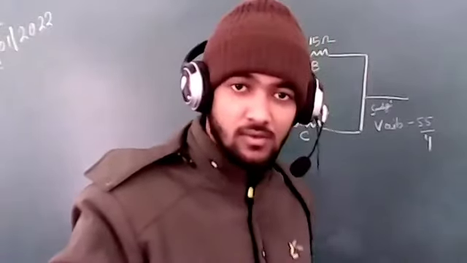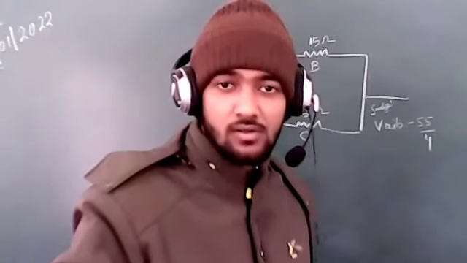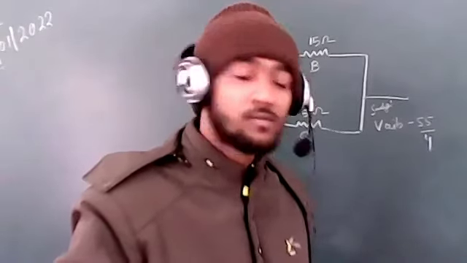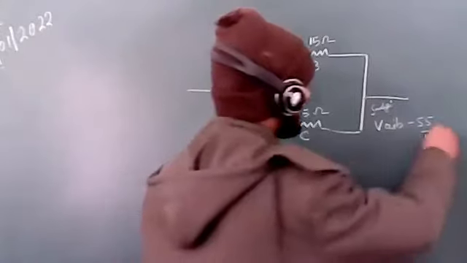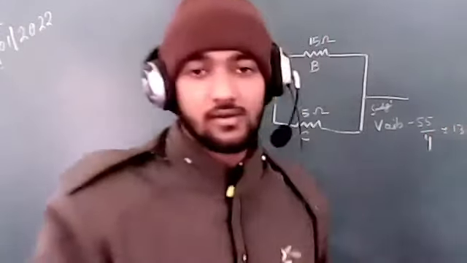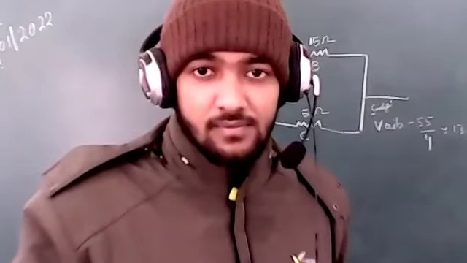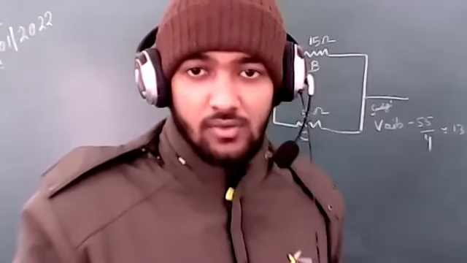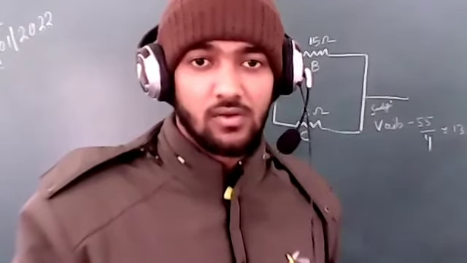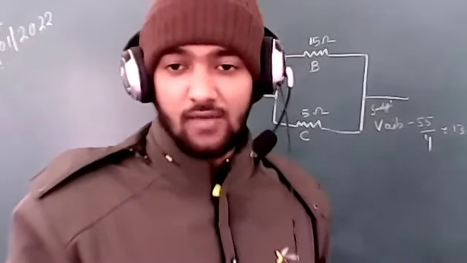Sir, 55 upon 4. Mukund? Sir, 13.7. 13.7 means the same thing, you have converted into decimal. Yes, sir. Okay. Utso? Sir, 55 by 4 ohm. Okay, so most of the students have got the answer.